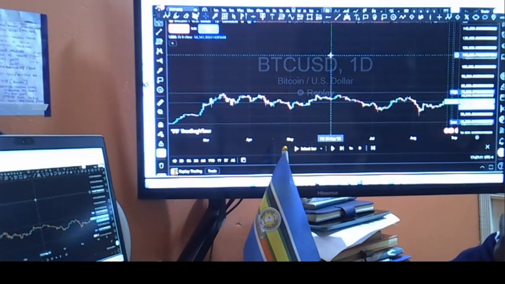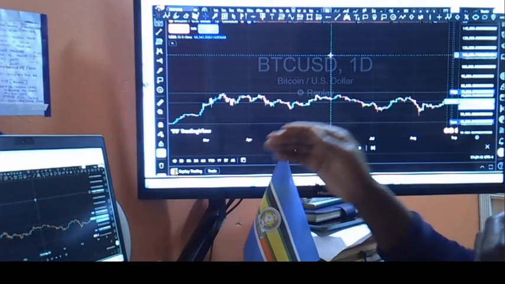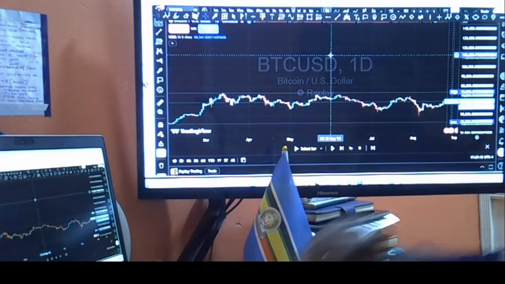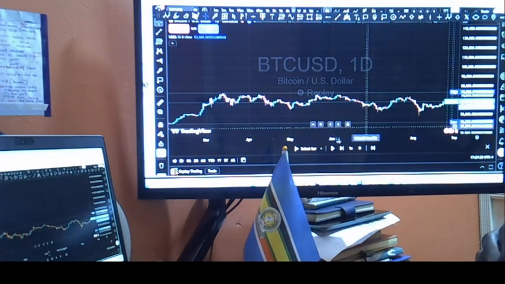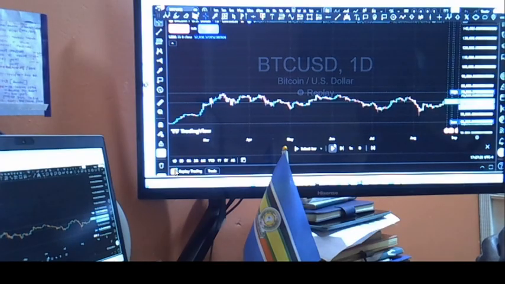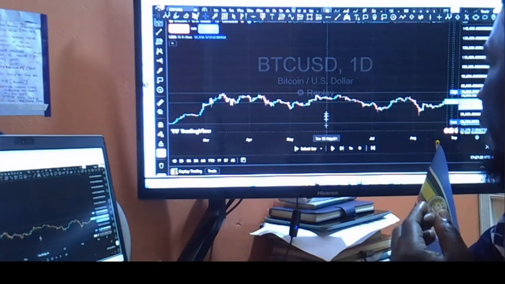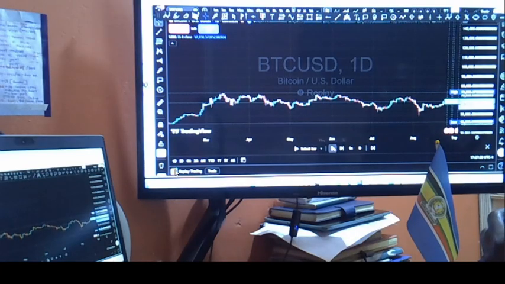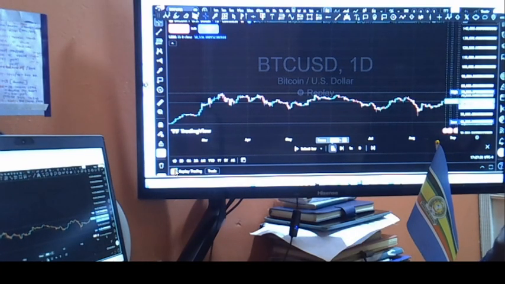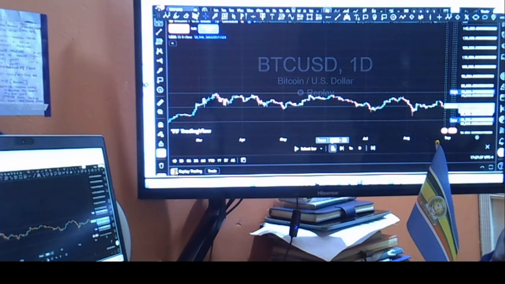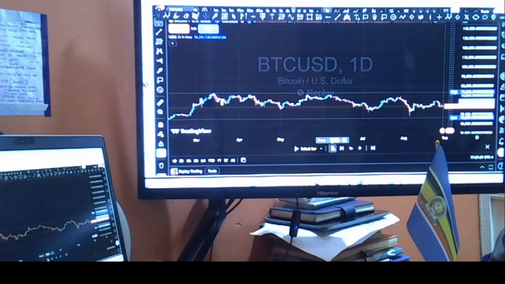As we have seen, it has pulled from there to here. Now when I have this play button, as everyone can see it, once I play it, the market has to move, and it's going to move. As you can see, it has started to move.